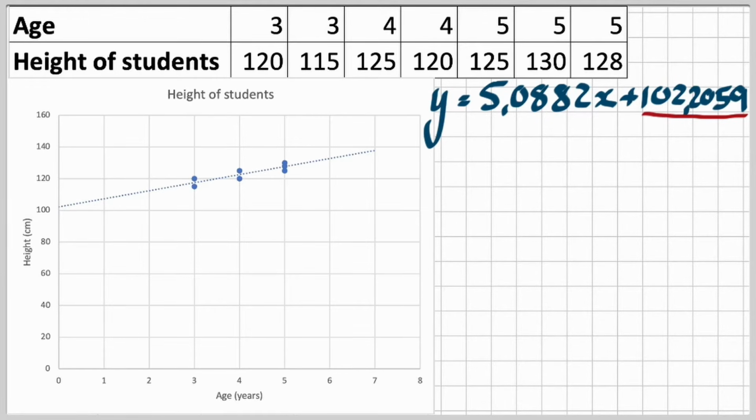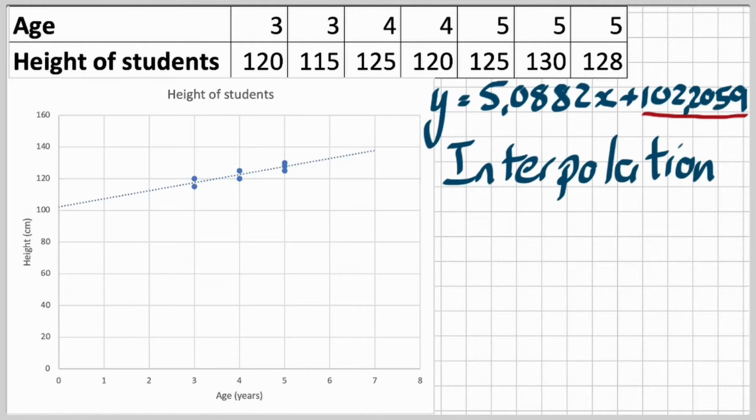What does the 5,0882 tell me? That is the slope of the graph. So it is a positively sloping graph. Positive correlation, meaning as the kid gets older, his or her height increases.